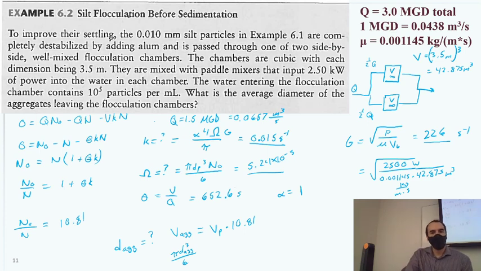And we can set that equal to the term on the right, pi dp cubed divided by 6 times 10.81. In that manner, we can then solve for the diameter of the aggregate. Because we know something about the diameter of the particle, we now know how many particles are in each aggregate, and we can solve the final solution, the diameter of the aggregate, and come up with an answer there.